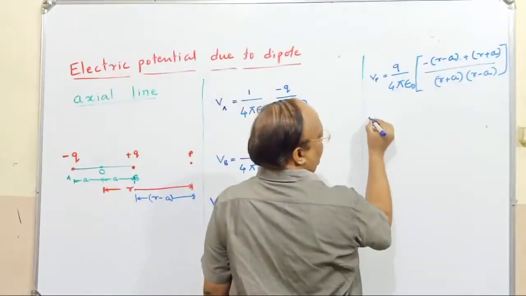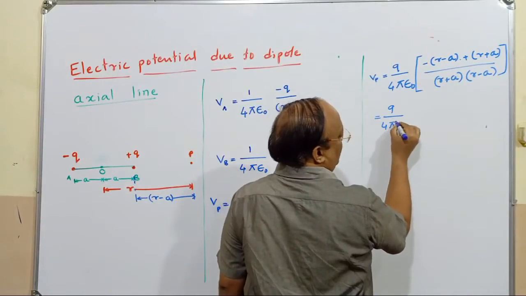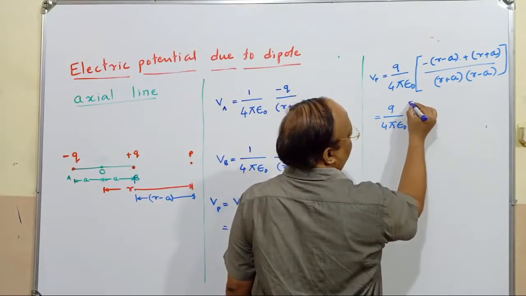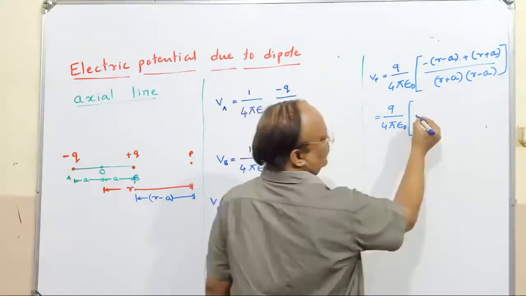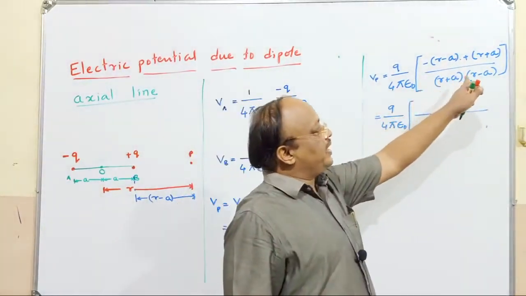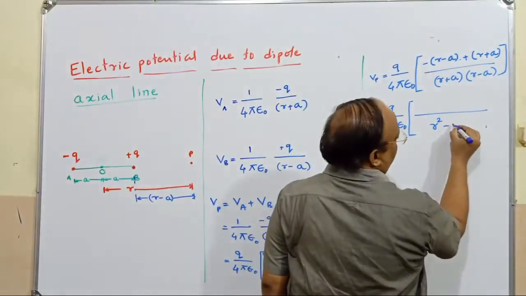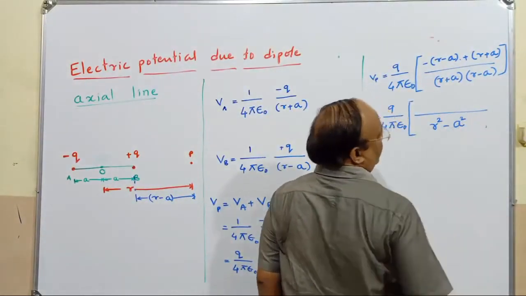So it will be Q by 4 pi epsilon naught. A plus B into A minus B is R square minus A square.